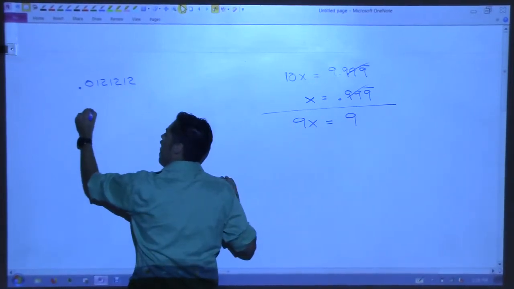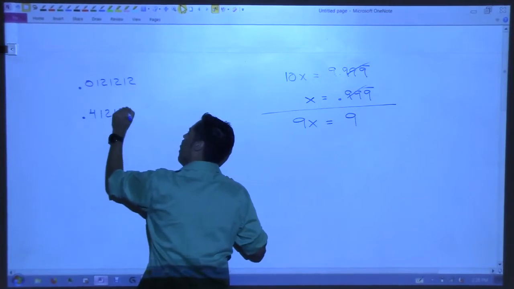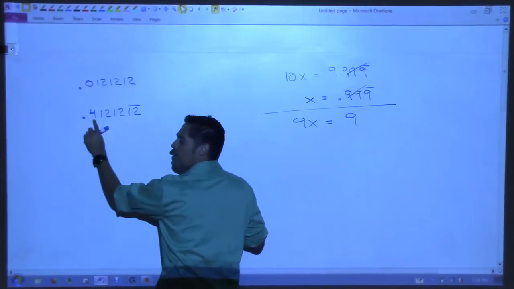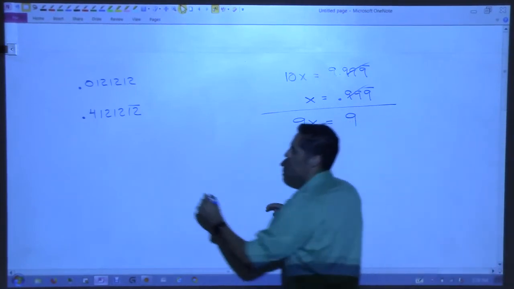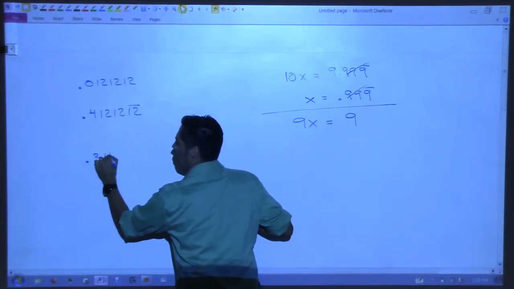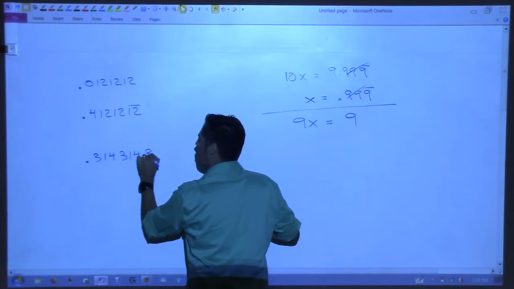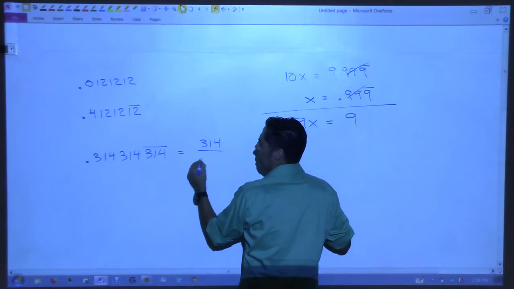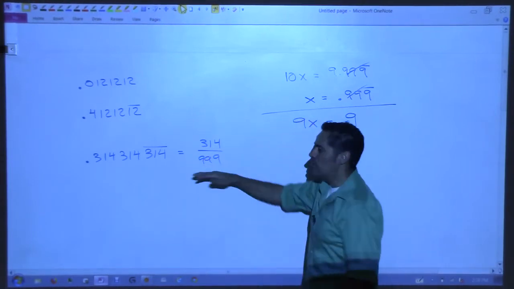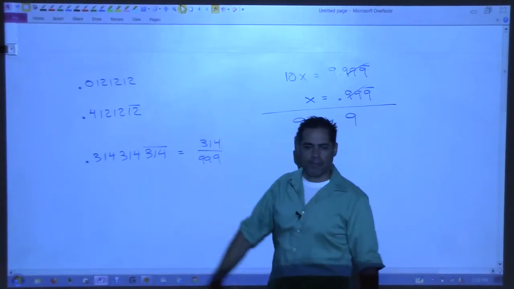Or if I did something like 0.4121212. You see how that 4 is there now? That throws the entire thing off. It's only when you have something repeated from the beginning, 314, 314, 314, that you can say, okay, that's 314 over, in this case, 999. That works like this, but it doesn't work for these.